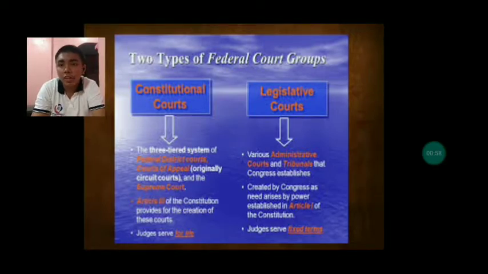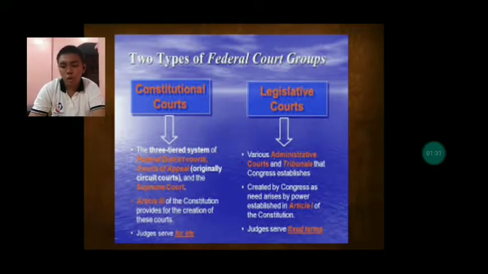Article 3 of the Constitution provides for the creation of this court. Judges serve for life. The legislative courts are the various administrative courts and tribunals that Congress established. Created by Congress as the need arises, their power is established in Article 1 of the Constitution. Judges serve a fixed term.